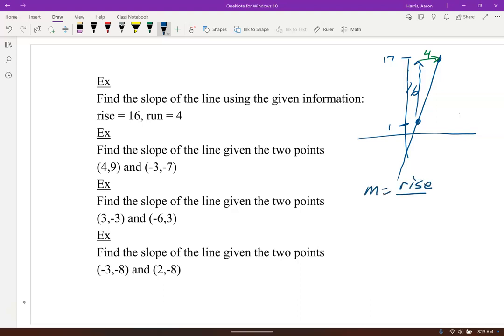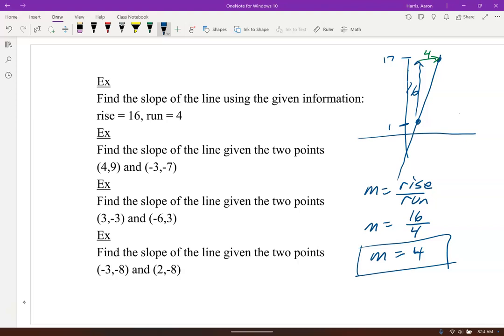Slope is rise over run, so that is up 16 over 4. Then your slope or steepness is 4, or simplifies to 4. In other words, 4 over 1. In other words, it rises 4 for every 1 over as well. Right? It's the same steepness there.